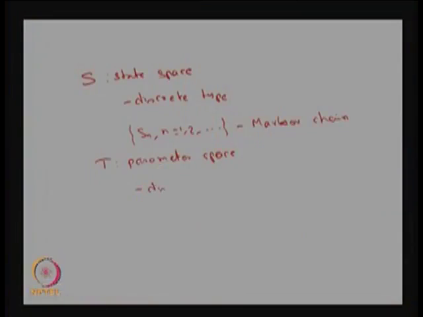So, whenever T is of discrete type, the Markov chain is called a discrete time Markov chain. Whenever the parameter space is of the continuous type, that means the possible values of capital T are uncountably many, then we say continuous time Markov chain.